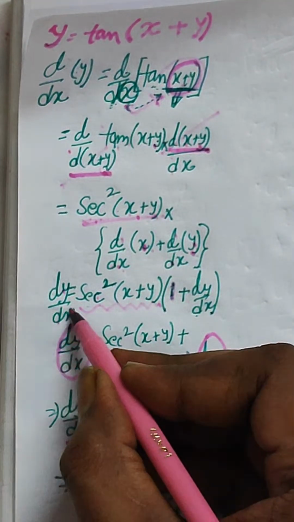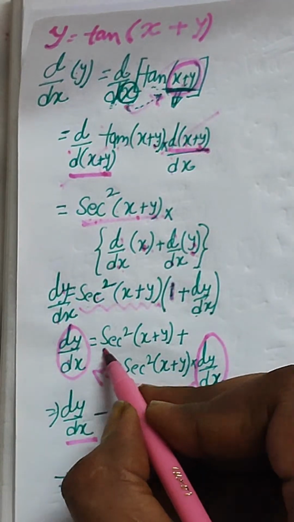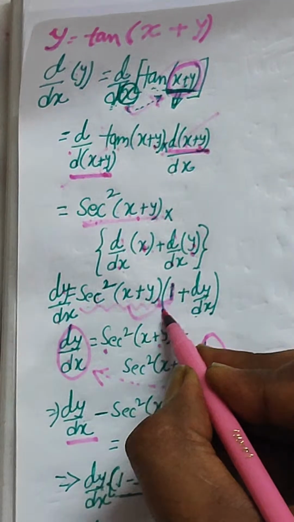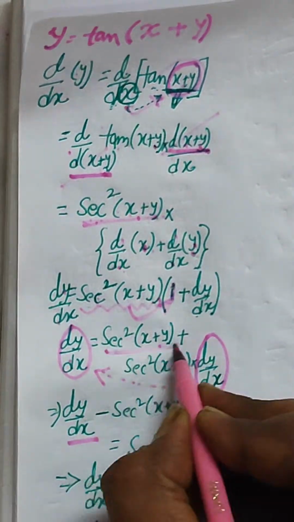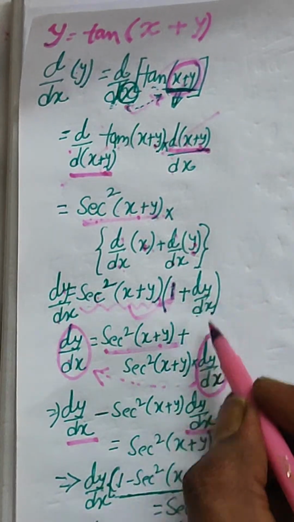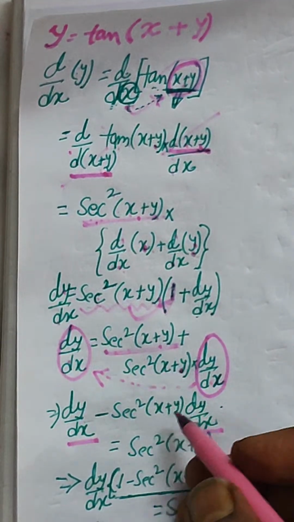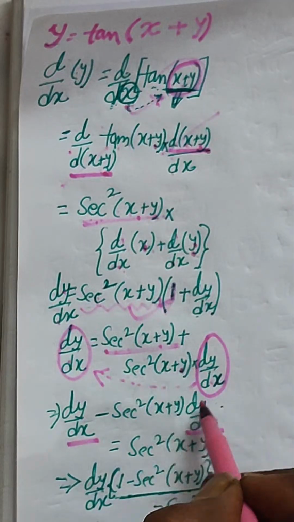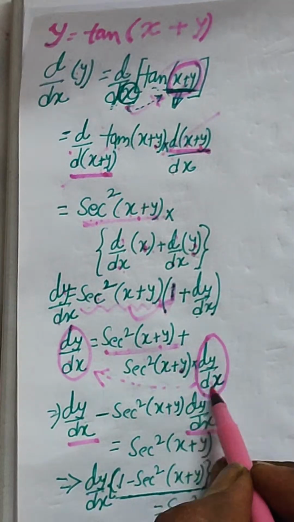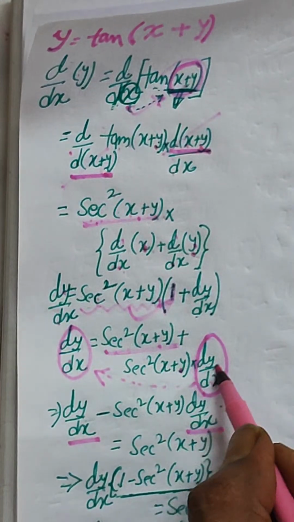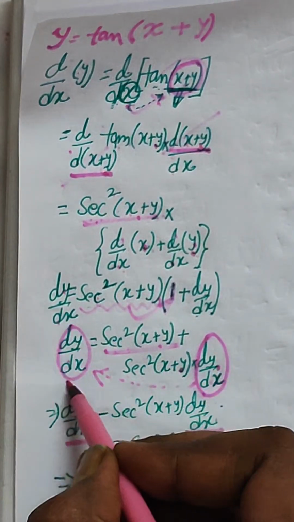In the LHS we have dy by dx, and in the RHS we have sec square x plus y multiplied with this 1, and this will be sec square x plus y plus dy by dx times sec square x plus y, right? So here you can see the dy by dx is present in this term in the RHS, and even it is present in the LHS.